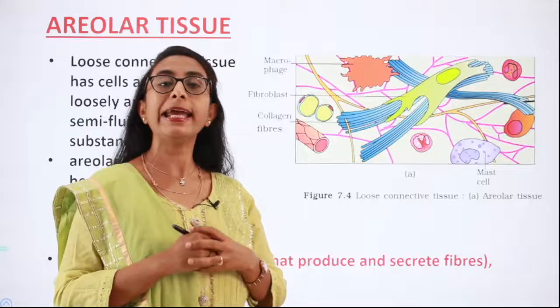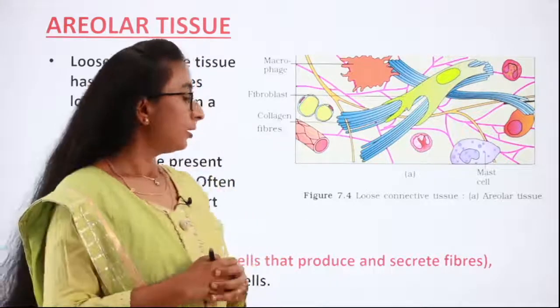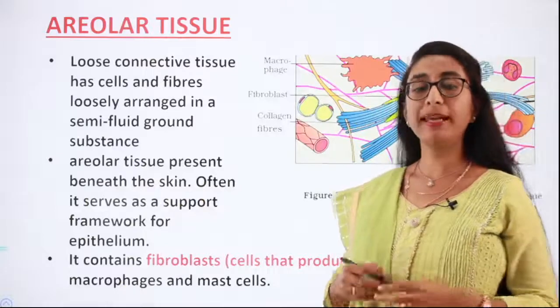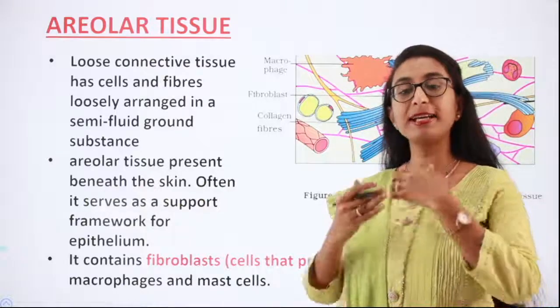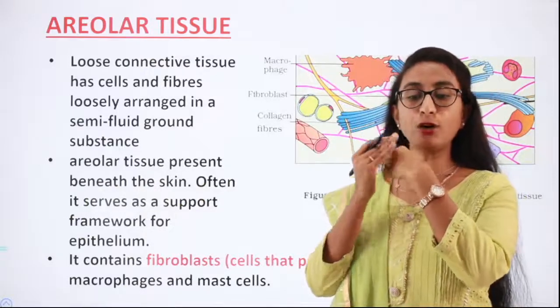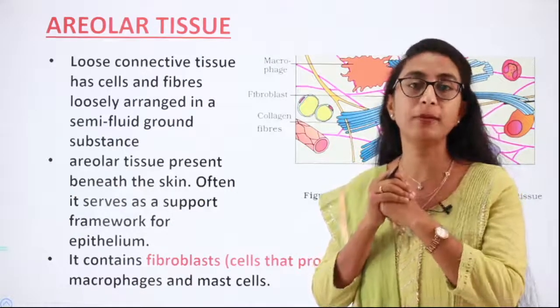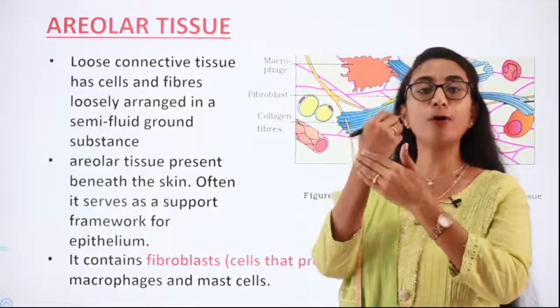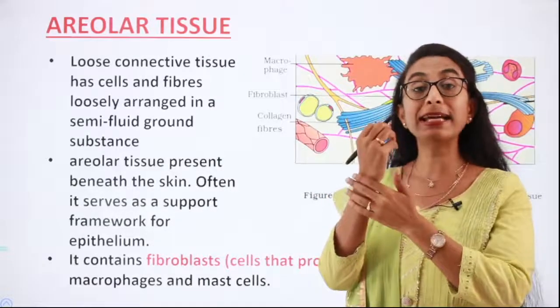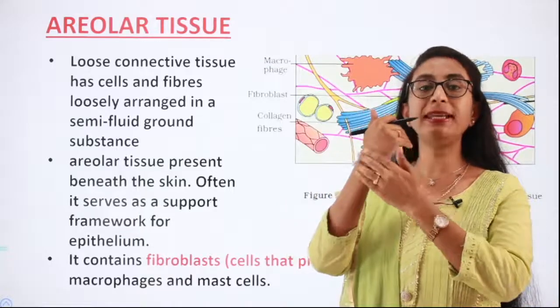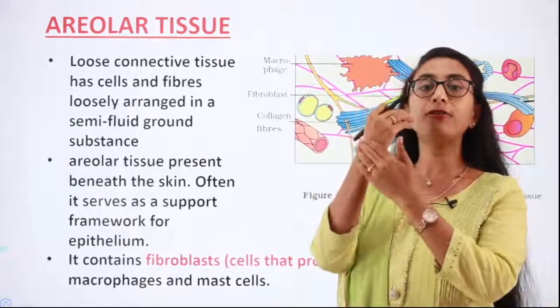Let's discuss the areolar tissue first. The areolar tissue is present just beneath the skin and it often serves as a support framework for the epithelium. The skin is made up of epithelial cells, precisely compound epithelial cells, that is multiple layers of epithelial cells together form the skin.